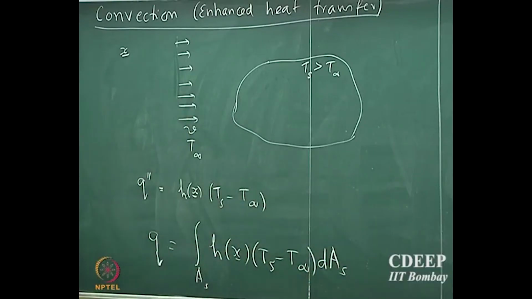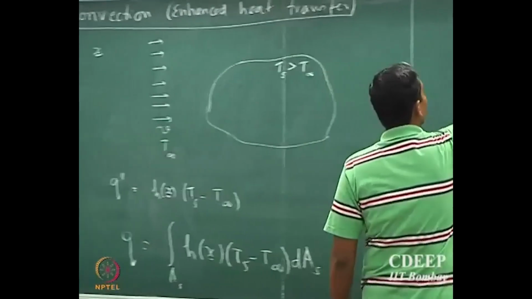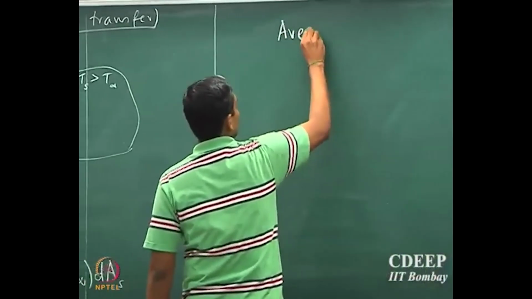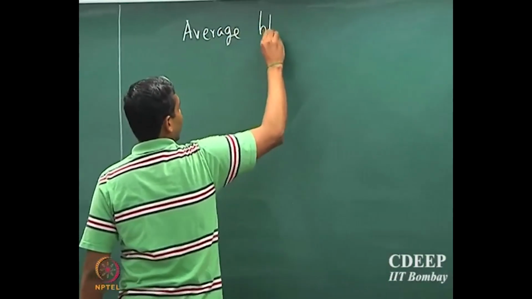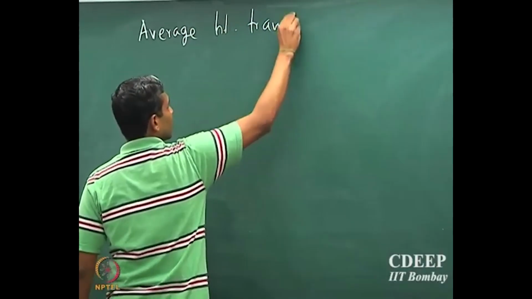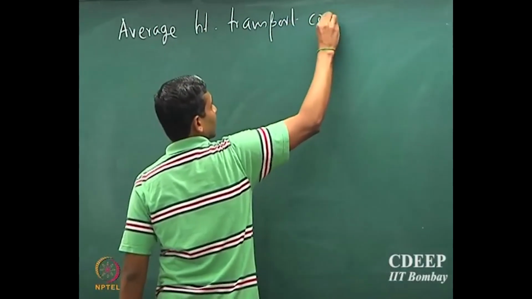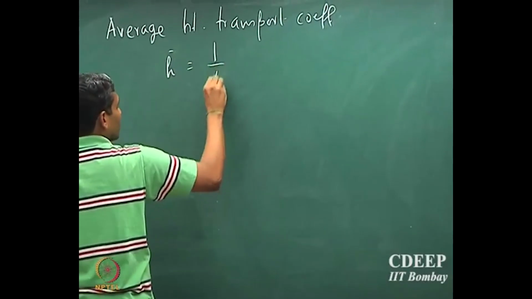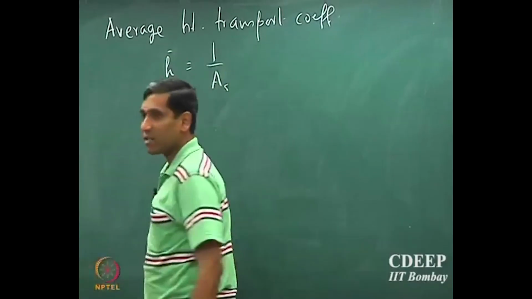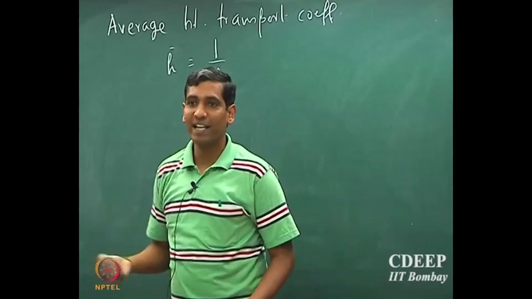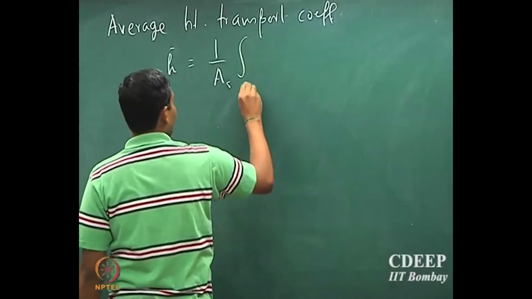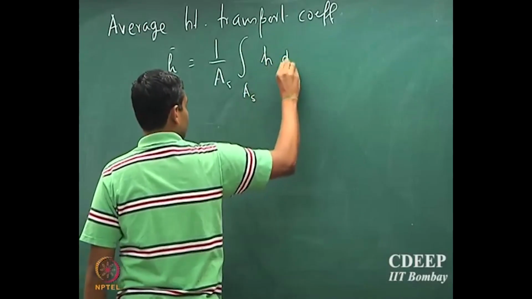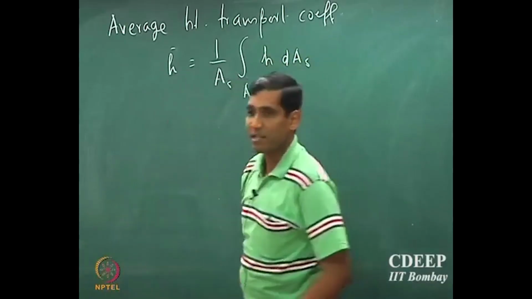dAs. Okay. So now if we introduce a definition, note that it's a definition, of average heat transport coefficient, if I introduce the definition of average heat transport coefficient as 1 by As, the area average of the local heat transport coefficient, that's a definition.